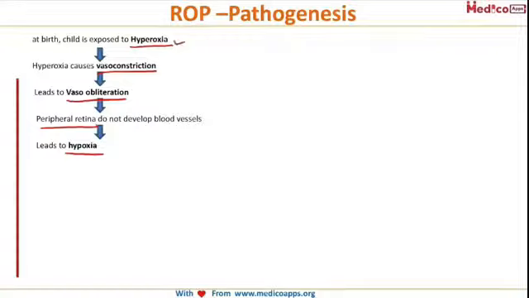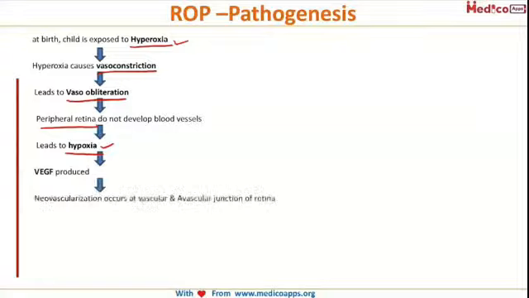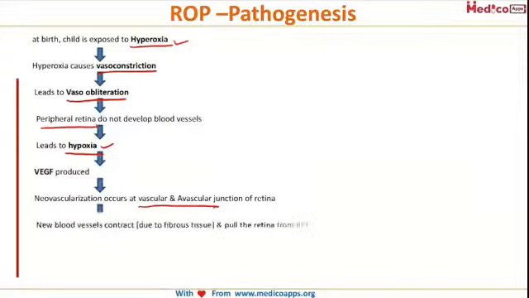Please note, this hyperoxia is ultimately leading to hypoxia, and we have seen that hypoxia always results in the release of vascular endothelial growth factors causing neovascularization. Now, where does this neovascularization occur? It occurs at the junction of the vascular and avascular retina. These new blood vessels contract because some amount of fibrous tissue is present in them, and they pull on the retina.